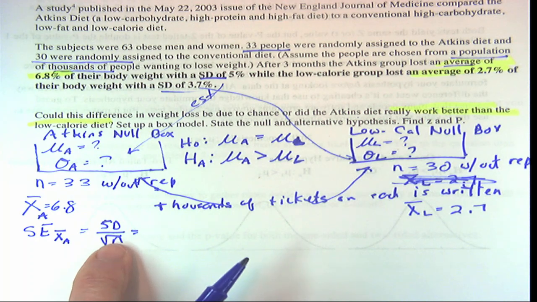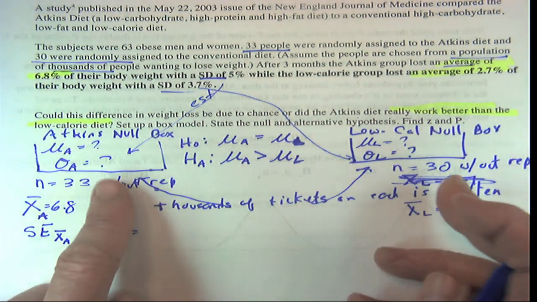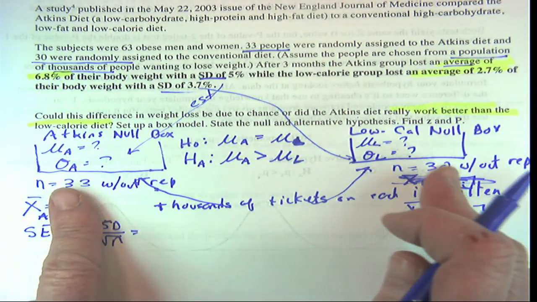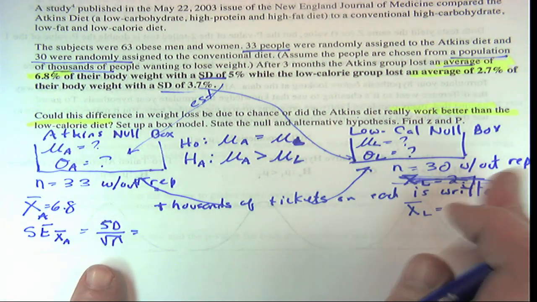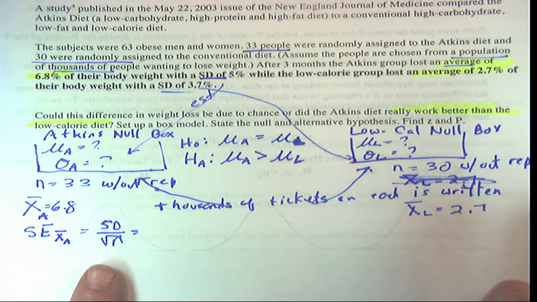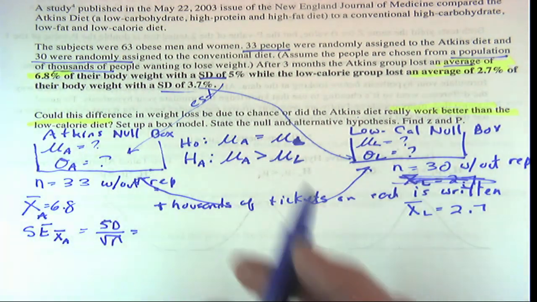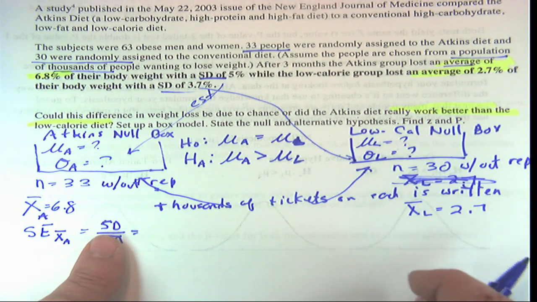Now, should I be using the t-test? I could use the t-test here, because the sigma's unknown. But the sample size is large enough for our purposes. We've decided to cut off in this class at 25, and these are large enough that we'll just go ahead and use the regular SD.